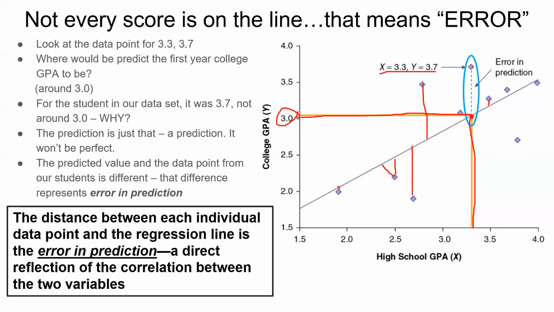For our 3.3 and 3.7, this diagonal is a shorter distance than this line, right? Well, you have to do it in line with the y-axis because that's the actual distance. So it's not the shortest distance to the line, it's the actual distance from the prediction.